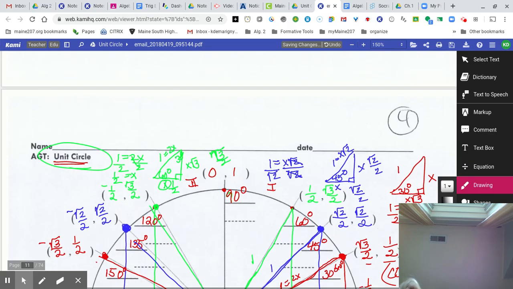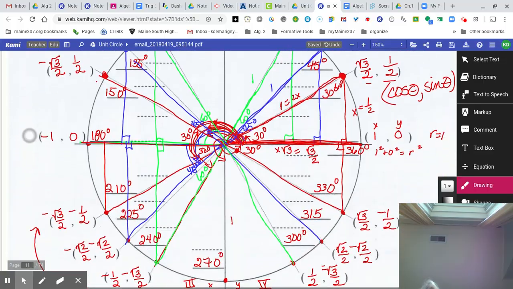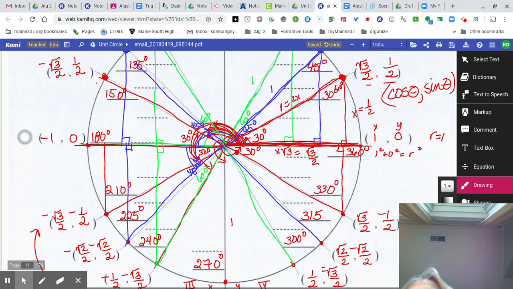So somewhere on your paper, make sure that you remember they are in the order of cosine theta, sine of theta. Your ordered pairs are always in the order cosine, sine, which I love.